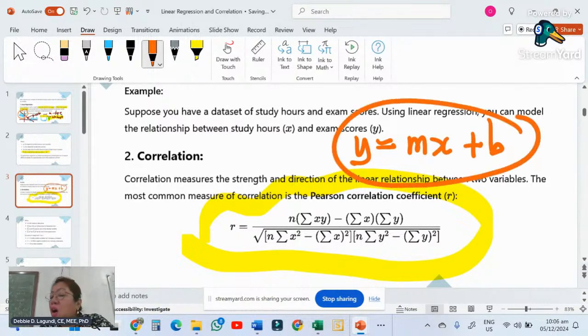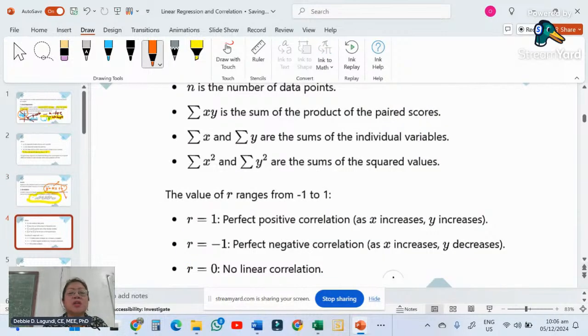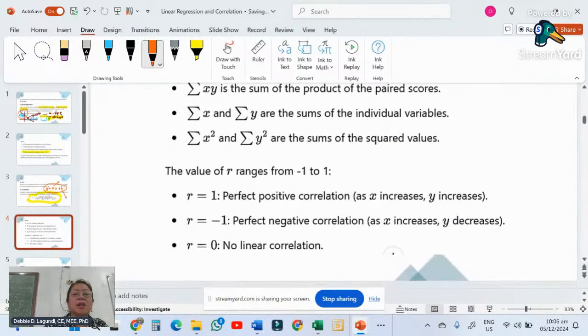There are formulas that you're going to use for B or the intercept, and there's a formula that you're going to use for slope. Slope, intercept, and correlation are the only things you're going to do in here. Okay, let's move on to the next slide.